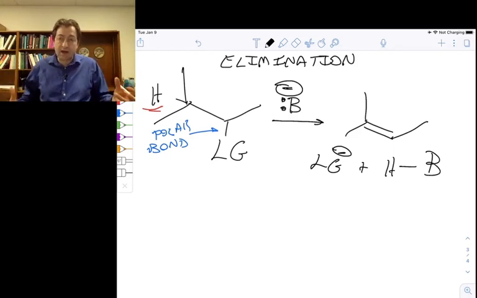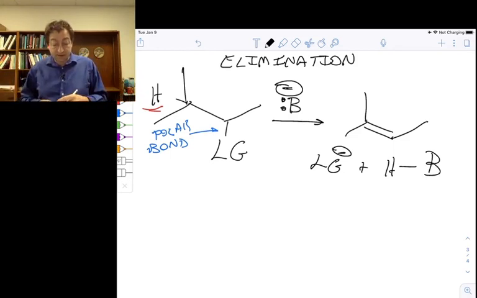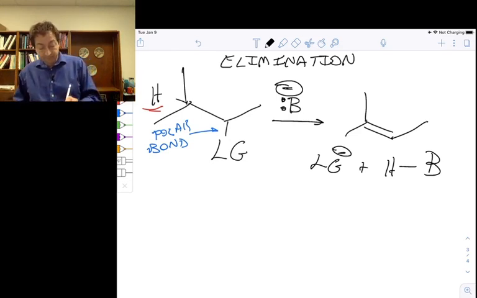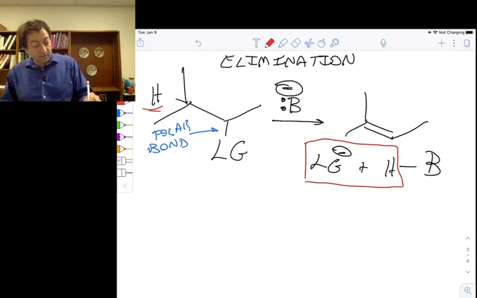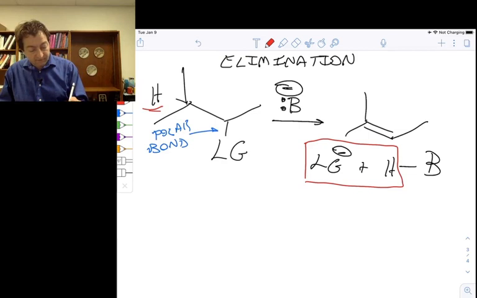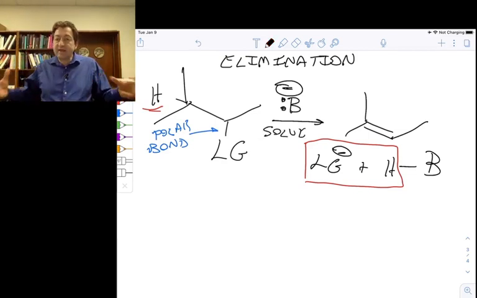In some cases it's not necessarily, but it typically can be a charged leaving group. And what we've done is we've eliminated that molecule, that HLG, off of the substrate itself. And of course we do this all in some kind of solvent. And for now, we'll just leave that as something in general.